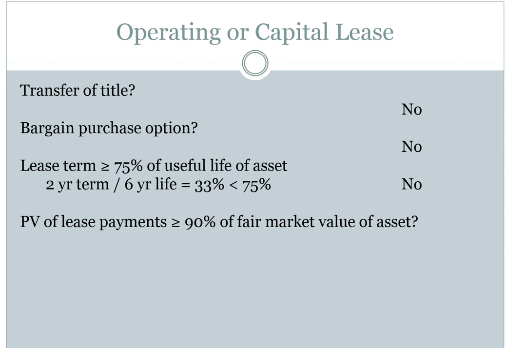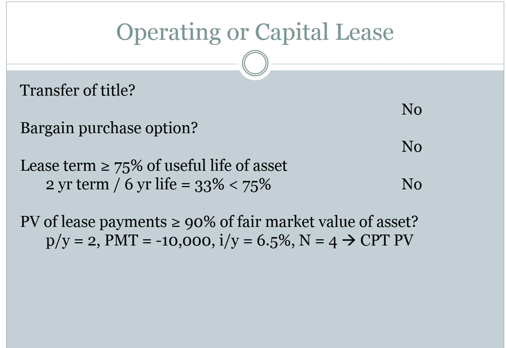Well, here's where we have to go into some of our computations. So we know that we have payments per year of 2, right? Payments are made June and December each year for a total of 4 payments. The payments are $10,000 each, and the interest rate per year is 6.5%.